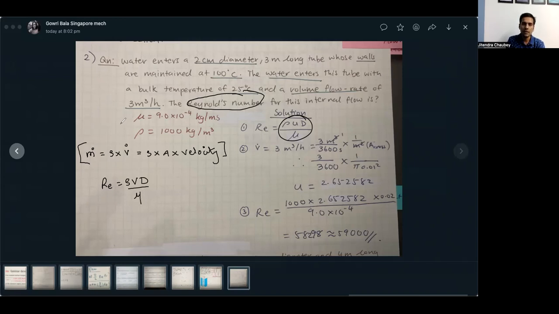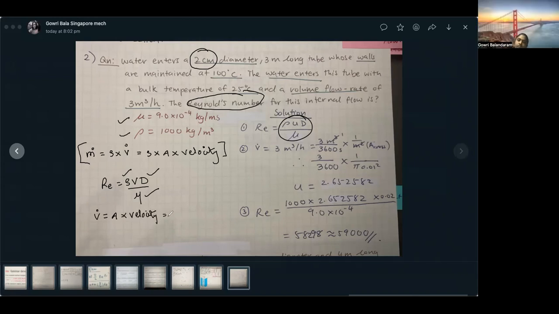The question has already given us mu and density, and they have also given you the 2 centimeter diameter. So you've got density, viscosity and diameter. All you need is velocity. The velocity can be easily calculated by using the mass flow rate formula or volume flow rate formula. Volume flow rate is equal to area of cross section into velocity.